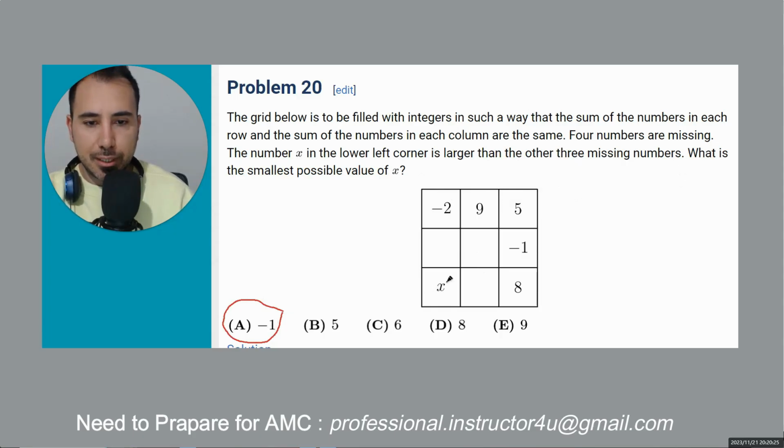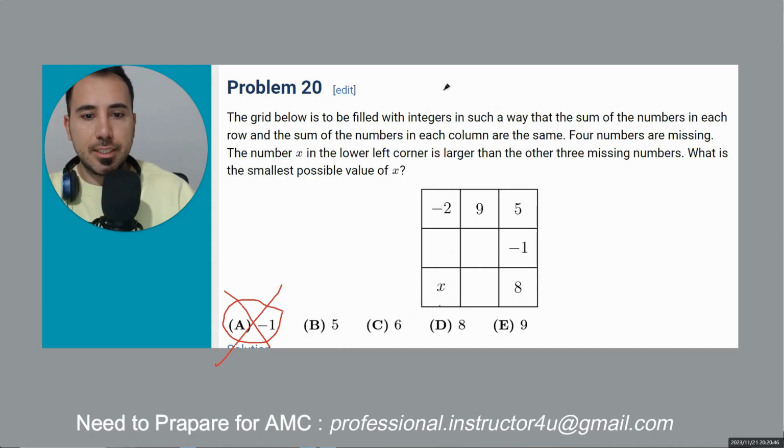So instead of this, we're going to have negative 1, negative 2, negative 3. The sum of them is going to be positive 12. So this is 15. Is negative 1 larger than 15? No. So this option is out.